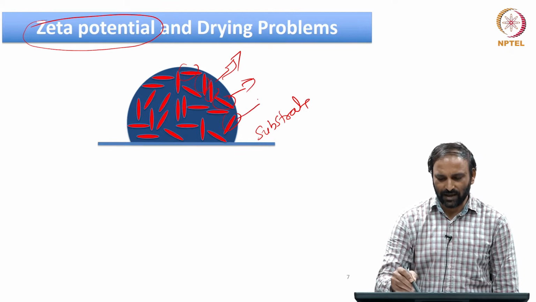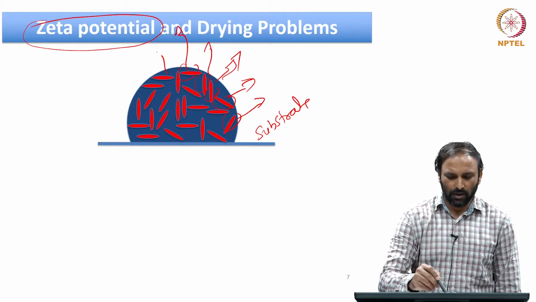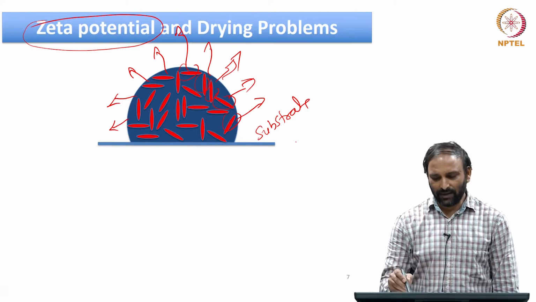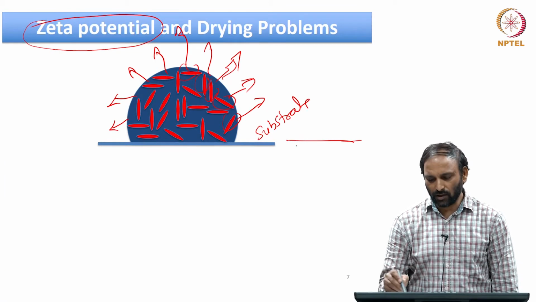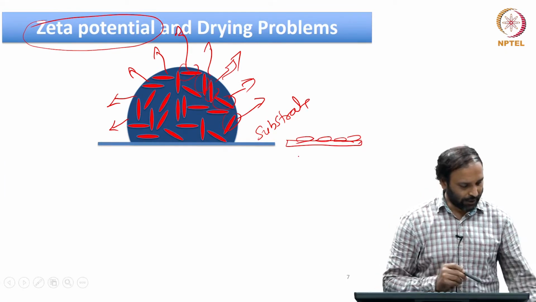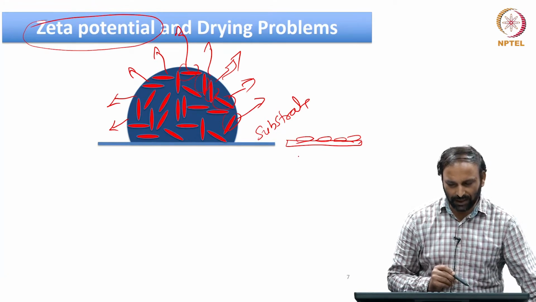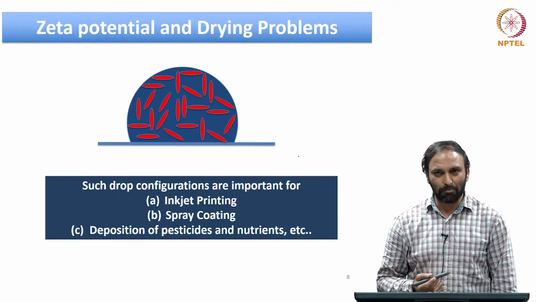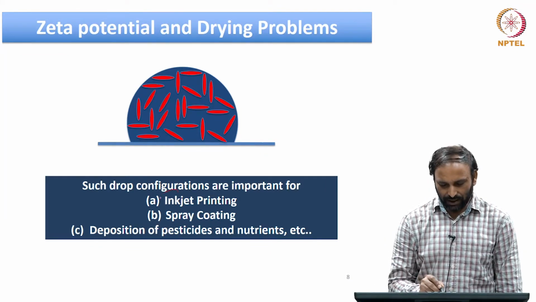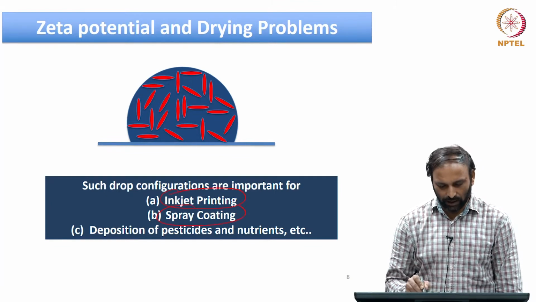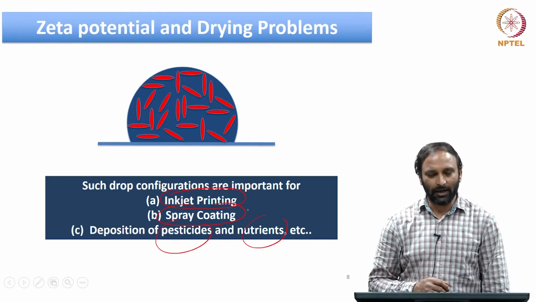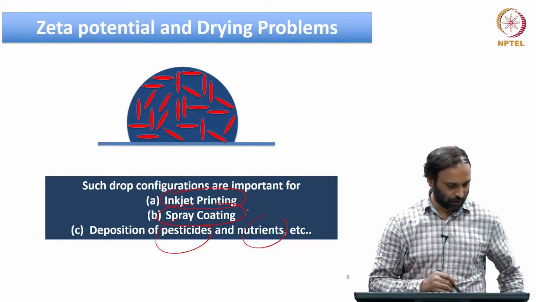If there is a dispersion in water, you will see that with time all the fluid will evaporate, and in the end what you end up with is the deposition of particles on the glass substrate. So, it turns out that this simple drying problem is important in several technologically important processes. Examples are inkjet printing, spray coating, as well as deposition of pesticides and nutrients on leaves, and so on and so forth.